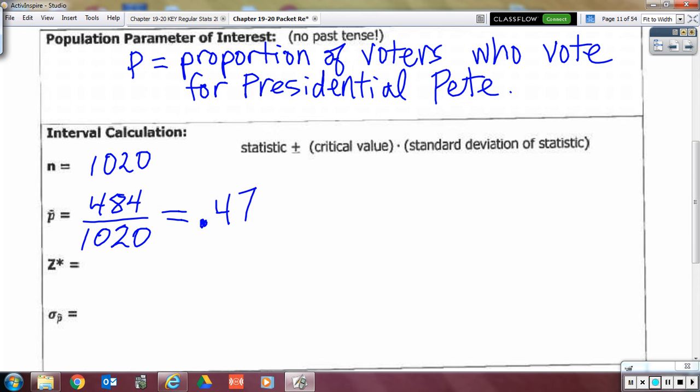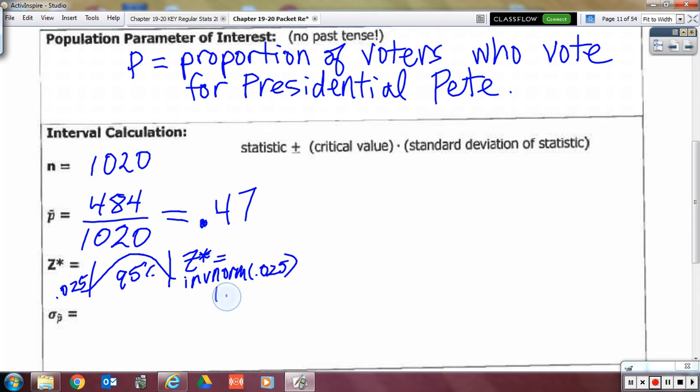All right, now z star. And if you tell me 0.95, I'm going to have to hurt you. Okay, so remember here, if you need a visual aid, here's a little quick visual. 95% is in here, so how much is in each tail? 0.025. So my critical value is inverse norm of 0.025. So that's 1.96.